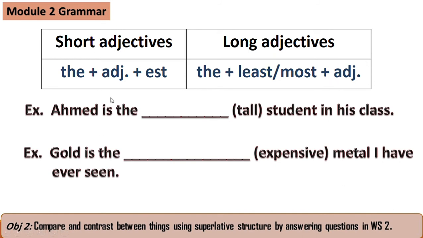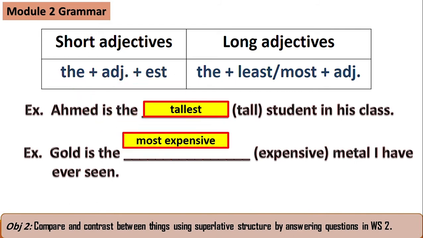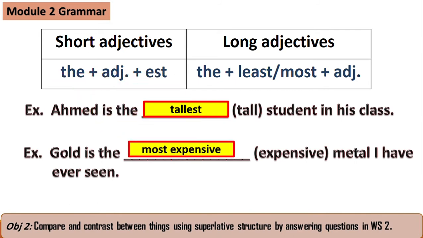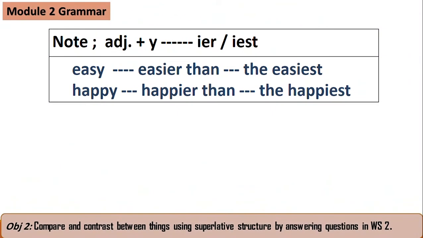Okay? Now, Ahmed is tall student in his class. Then Ahmed is the tallest. Gold is the most expensive metal I have ever seen. Now, about the adjective that end with Y, the same as the comparative, the same with the superlative.